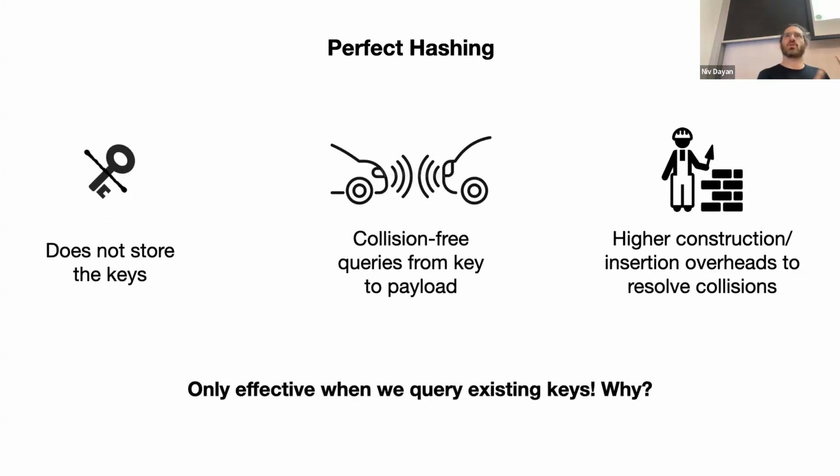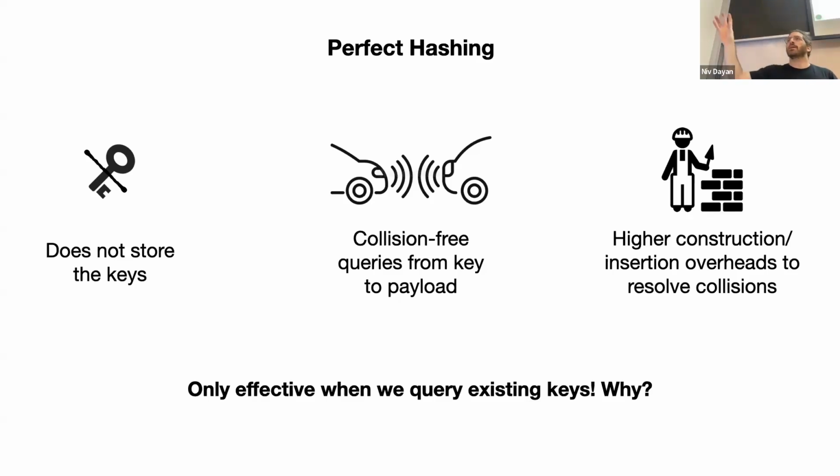These are only useful, I should say as a caveat, when you have queries to keys that actually exist. Why? What would happen, given what I've just described, if I issue a query to a key that I haven't inserted? Exactly.